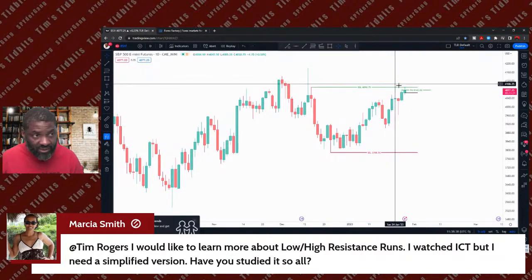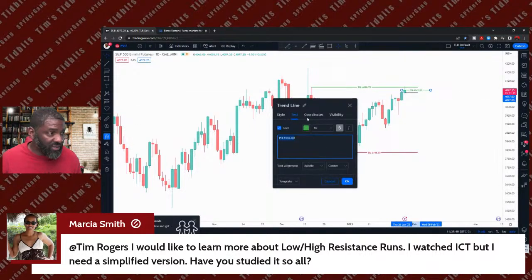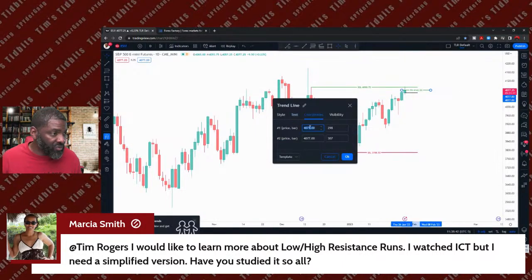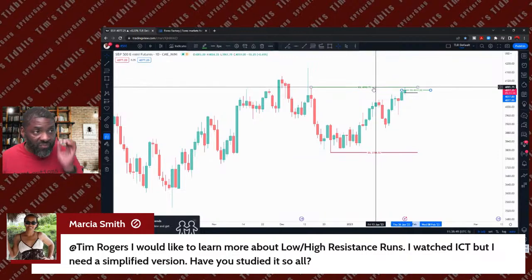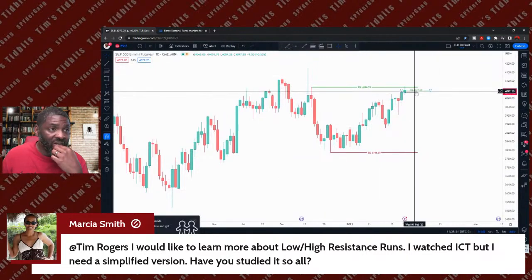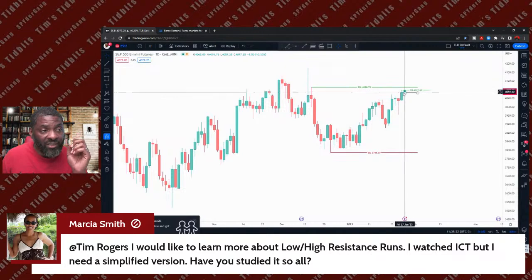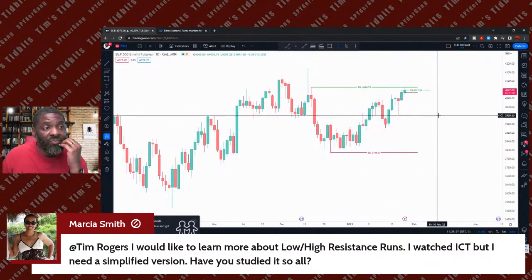That's the only PD array that was in between today's open and the buy side liquidity.